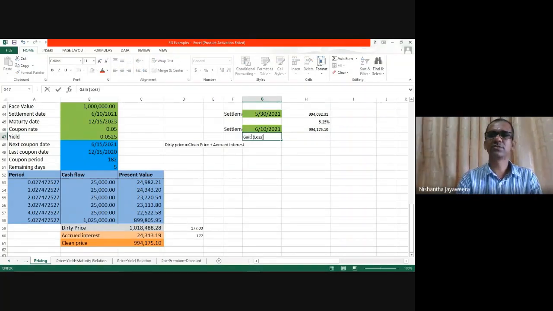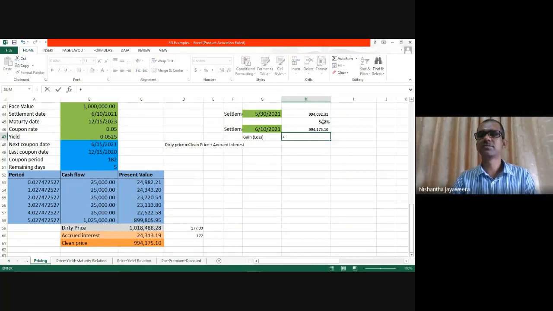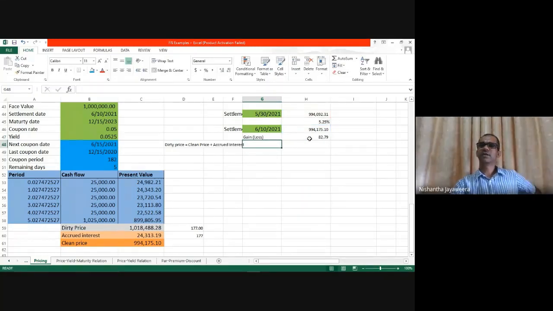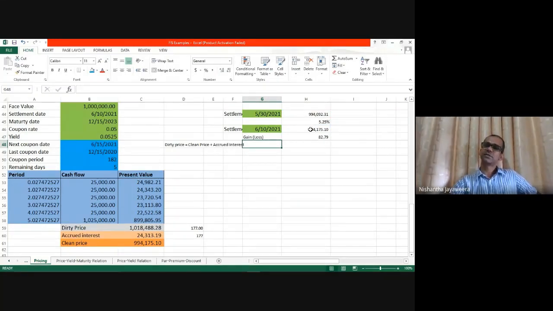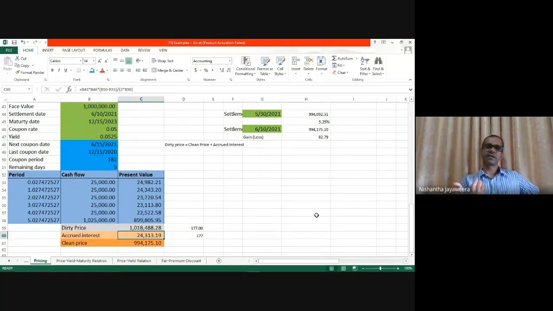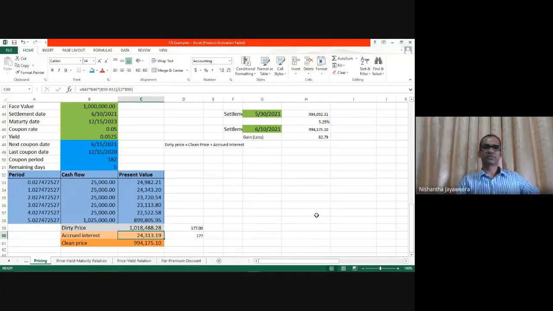Gain or loss would be this minus this. Remember, I used clean price. You don't consider dirty price for the capital gain or loss because it will be covered through the accrued interest part. Whatever the accrued interest that you paid and whatever the accrued interest that you receive, the difference would be your interest income. It's not the capital gain or loss.